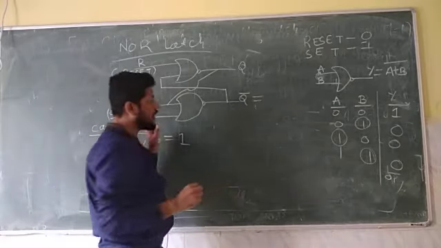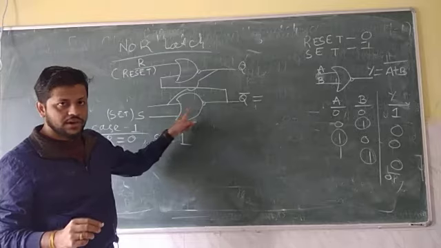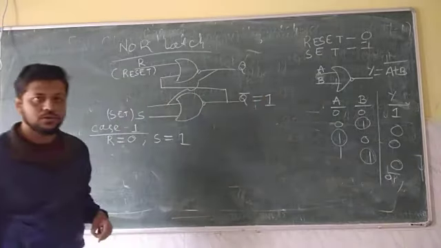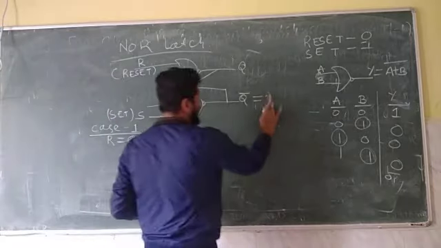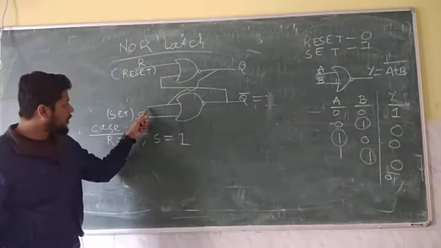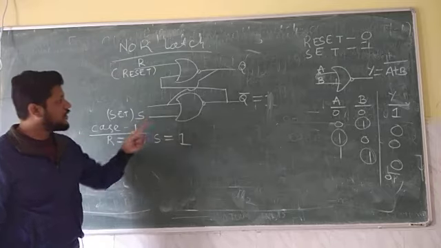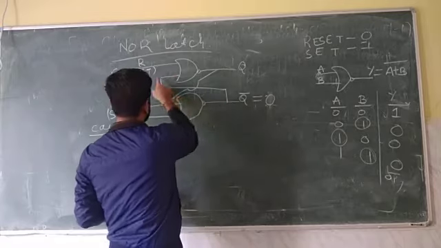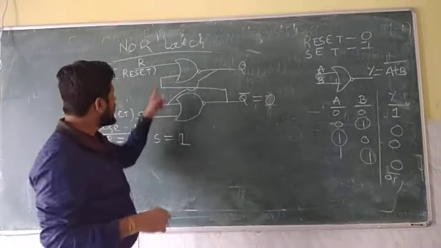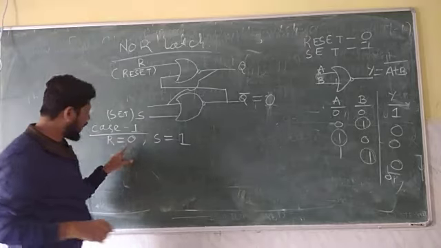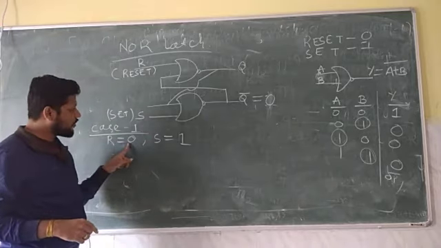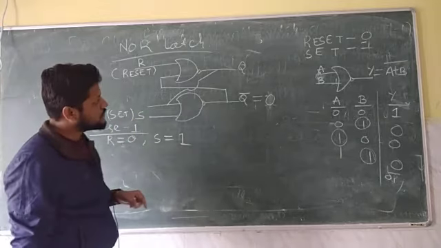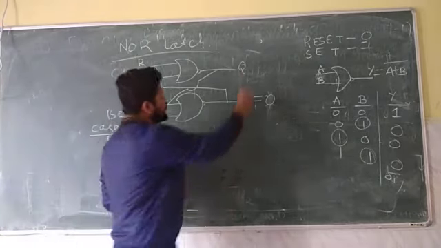The moment S is equal to 1, S is connected to this NOR gate, so Q bar is equal to 0, whatever the other input may be. And Q bar is equal to 0 and R is equal to 0, so Q is equal to 1.